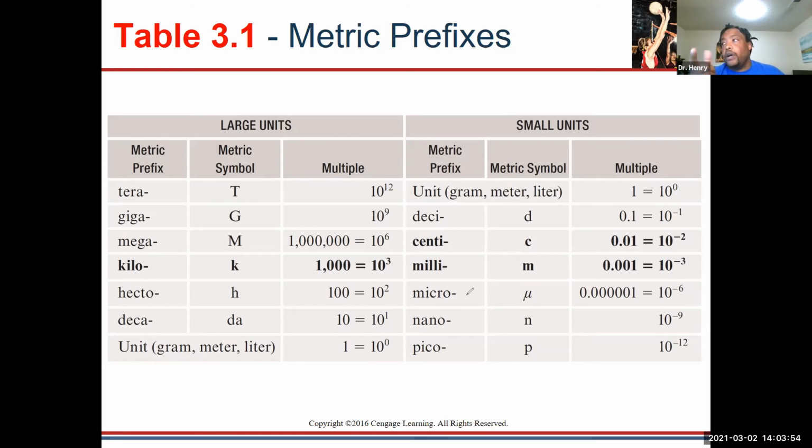The way that they have it written, which is a little bit backwards, is that 1 micrometer is 10 to the minus 6 meters, right?